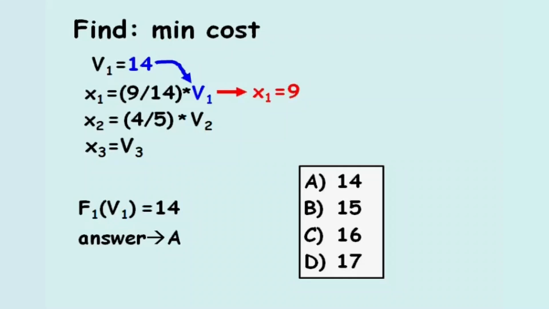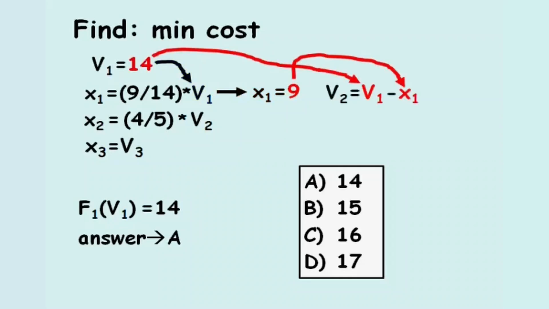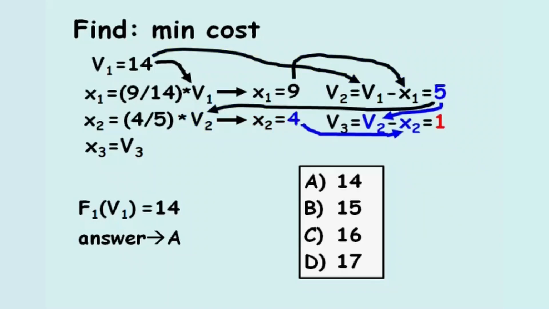The volume at the beginning of stage 2 equals 14 units minus 9 units, or 5 units, which makes the release during stage 2 equal to 4 units of water. This leaves only 1 unit of water in the reservoir, which is released during the third and final stage.